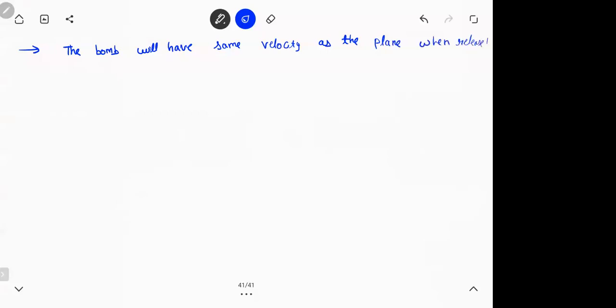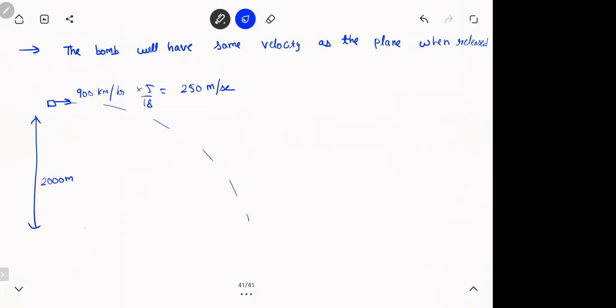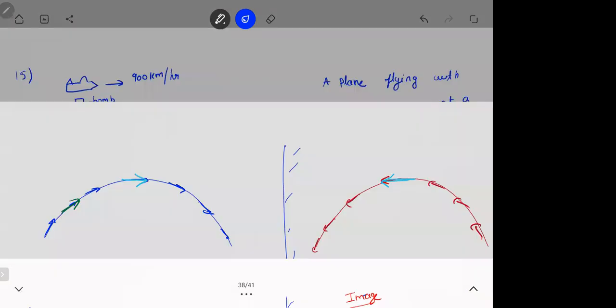You have the bomb going with 900 kilometers per hour, convert into meters per second, multiply by 5 by 18. This is 250 meters per second at a height of 2000 meters, and the bomb is falling here. Now, see this question.